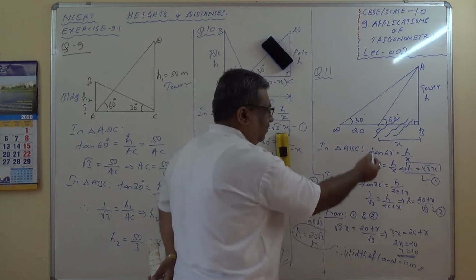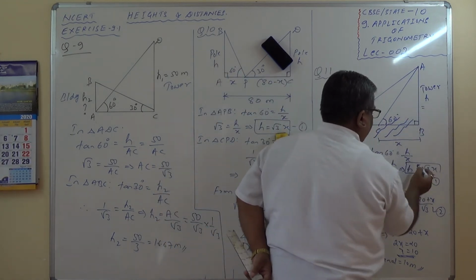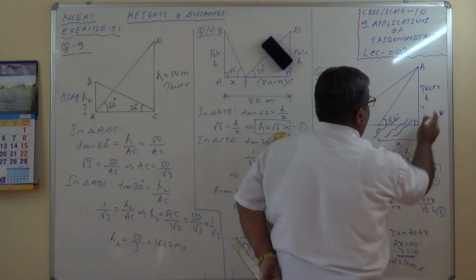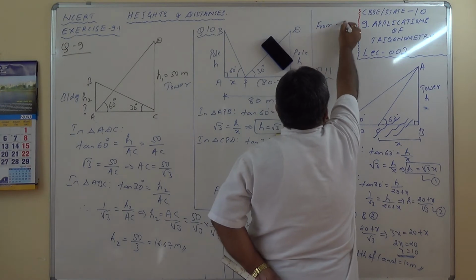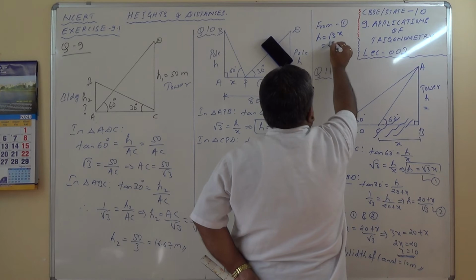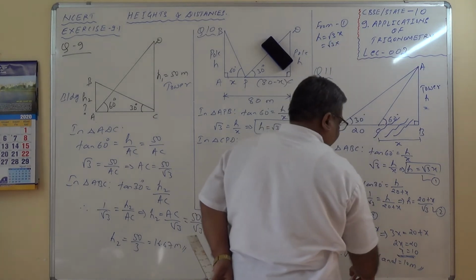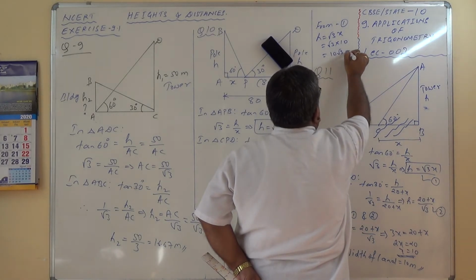Let us find the height of the tower. Height of the tower is equal to, from 1, h equals root 3x, which is root 3 into 10 meter, which is 10 root 3 meter.